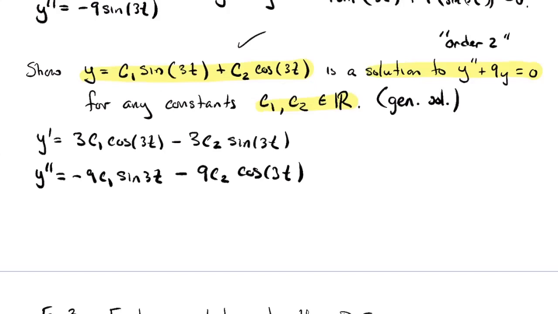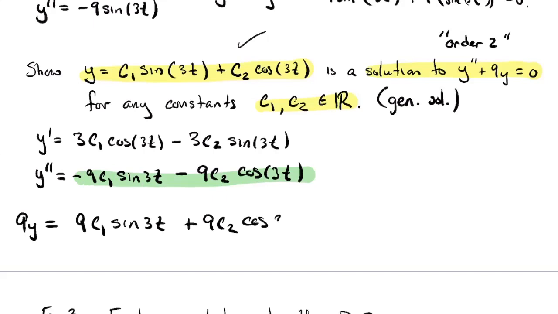And then here, I'm not going to write it out, but I think you can see if you take y prime prime, and you add it to 9 times y. Let me at least write that down here. So 9 times y, I'm looking at the yellow highlighted thing at the top, that's 9c1 sine of 3t plus 9c2 cosine of 3t.